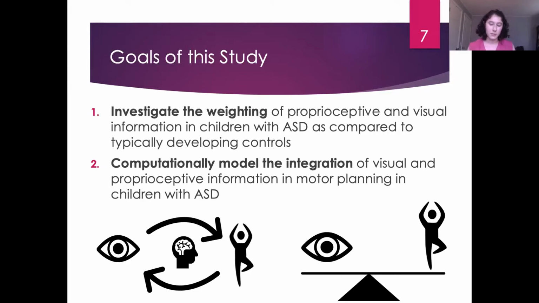So when presented with a visual stimulus and a proprioceptive stimulus that don't match, which information do you rely more on? And then ultimately, although we have not gotten to this part yet, we do plan to computationally model the integration of this visual and proprioceptive information in order to better understand motor planning in this population.